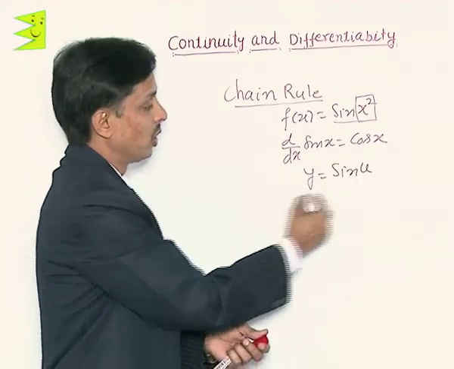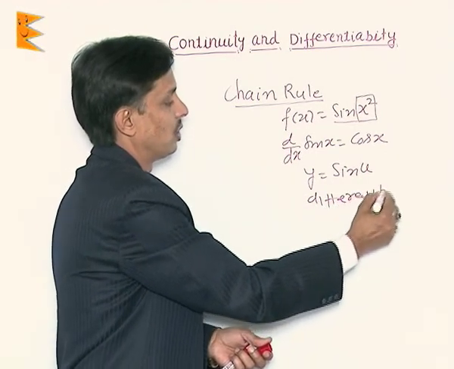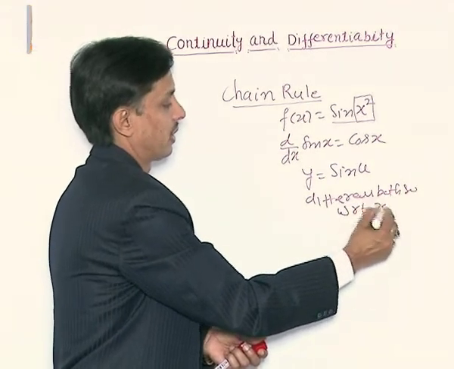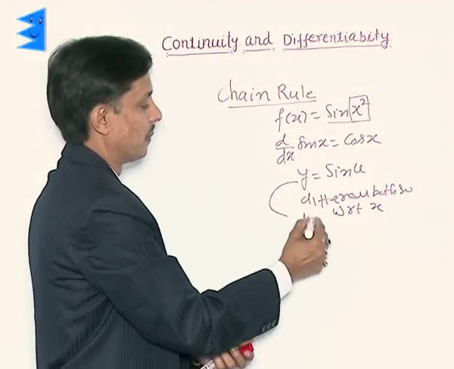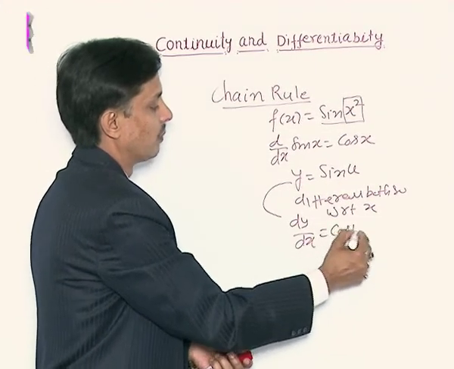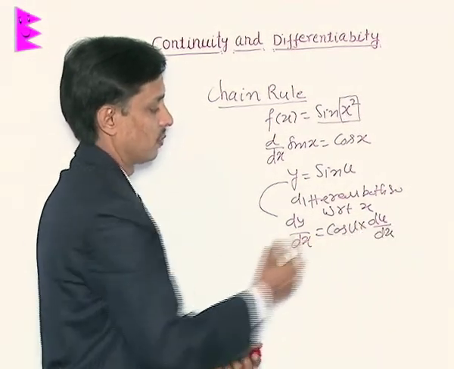If I ask you to differentiate both sides with respect to x, so this y will be dy by dx and sin u will be cos u into du upon dx.